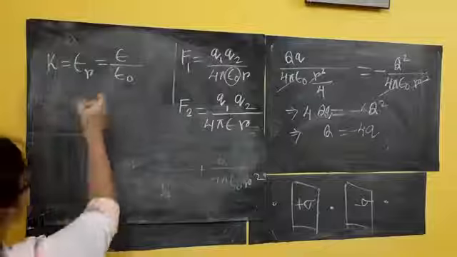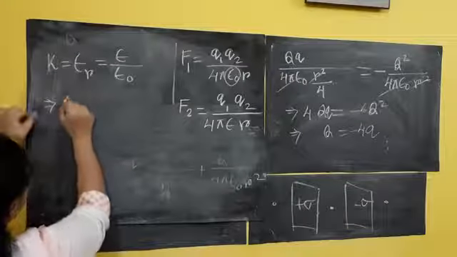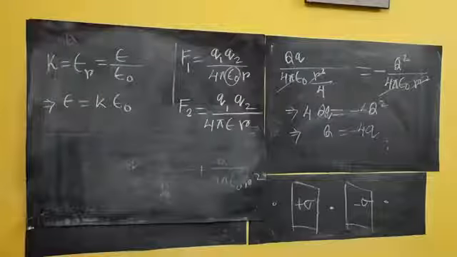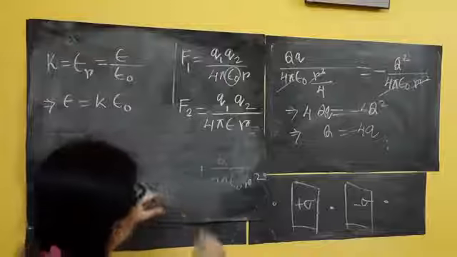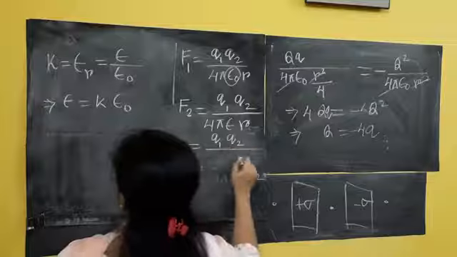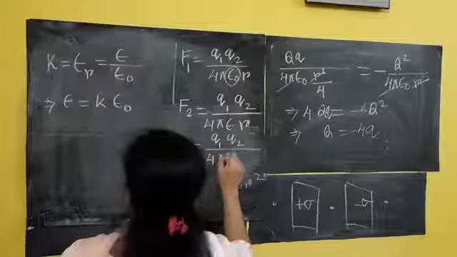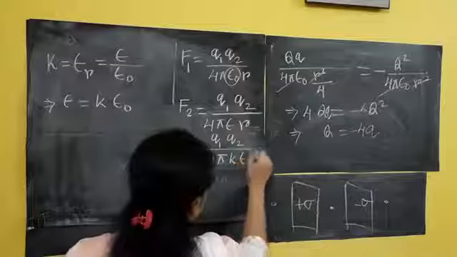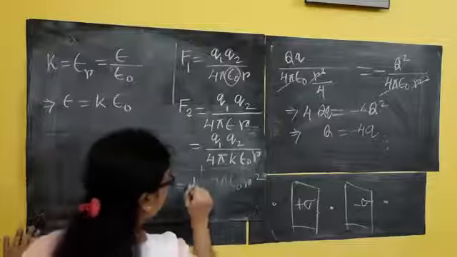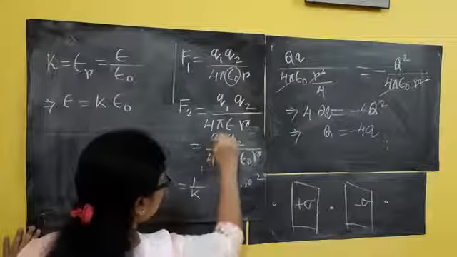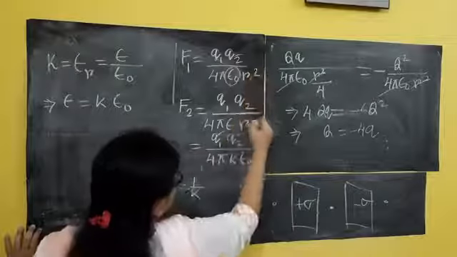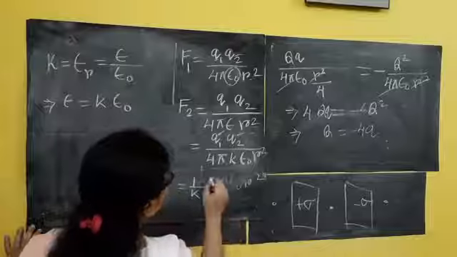So epsilon is equal to K epsilon 0. So in F2, if I put that value in place of epsilon, I will get Q1 Q2 by 4 pi K epsilon 0 r square. Taking K outside, so 1 by K, other things are same: Q1 Q2 same, 4 pi epsilon 0 r square same.